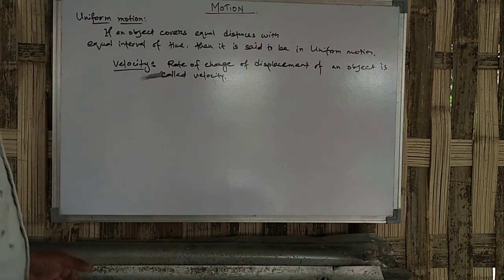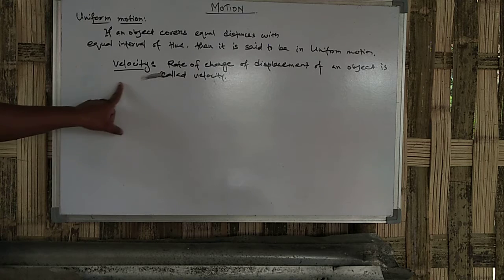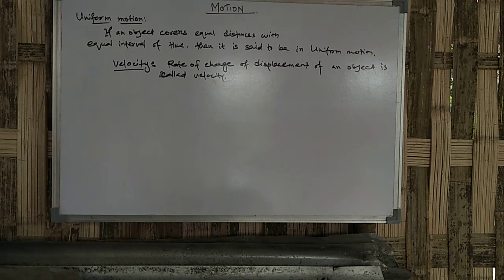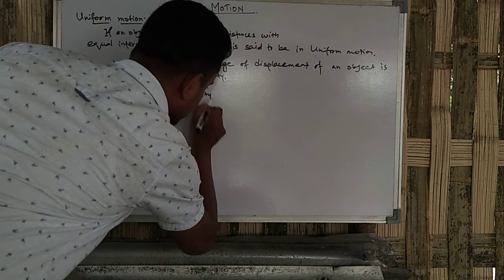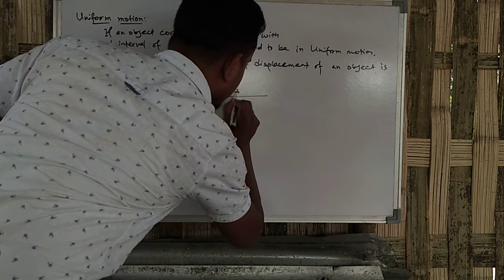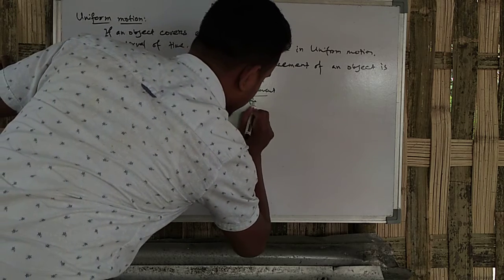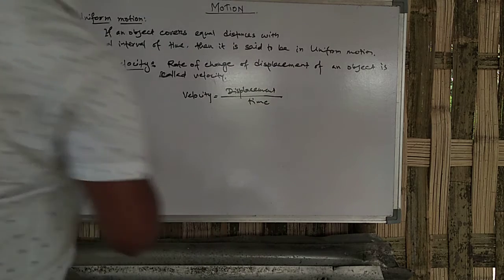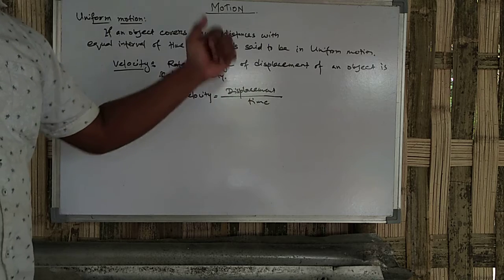Rate of change of displacement of an object is called velocity. So velocity means displacement divided by time taken. So velocity means displacement divided by time.